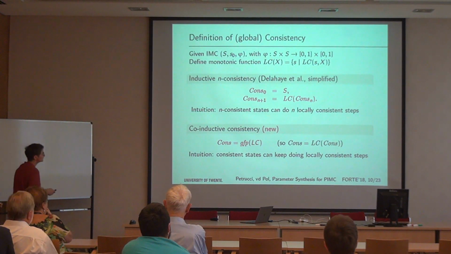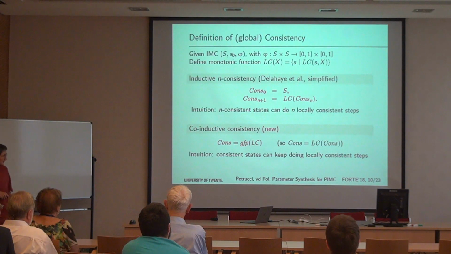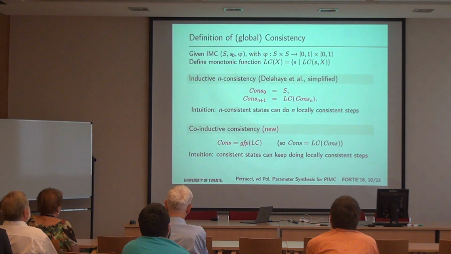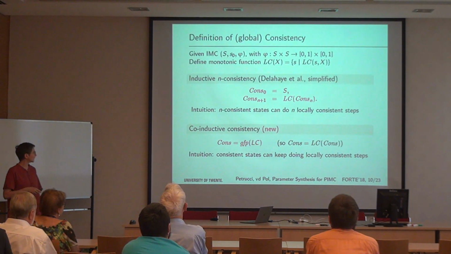The co-inductive consistency, which was a new thing in this work, is based on looking at the greatest fixed point of this local consistency. So there is no more this n level that you repeat.